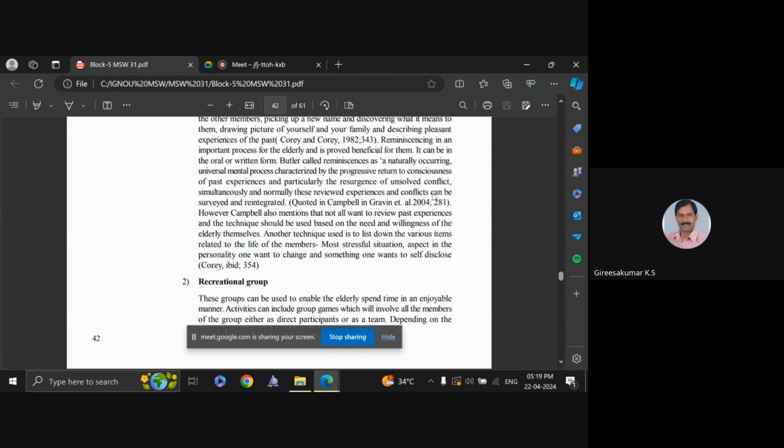Generally, they face a lot of difficulty in passing the time because they may have some disease or some issues, and hence they will not be able to move freely.